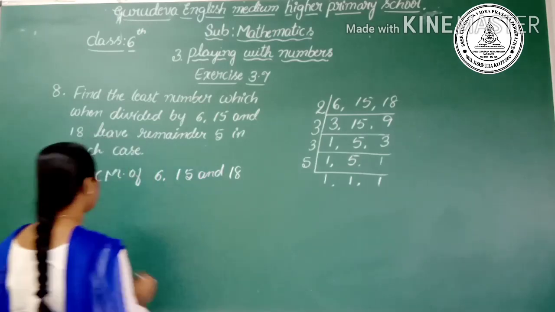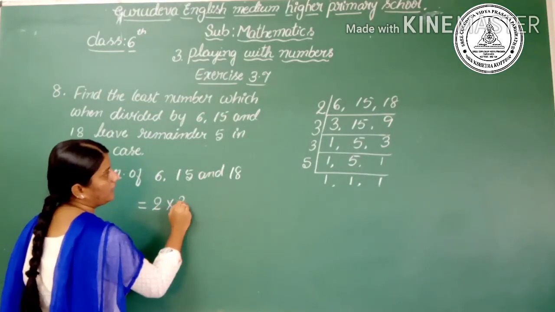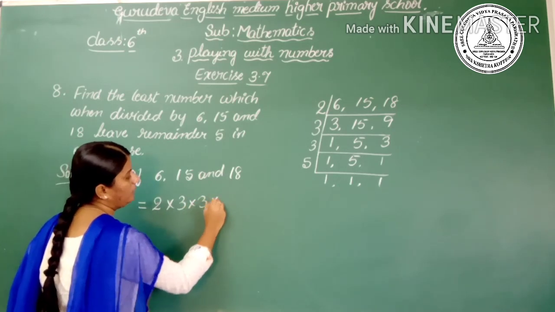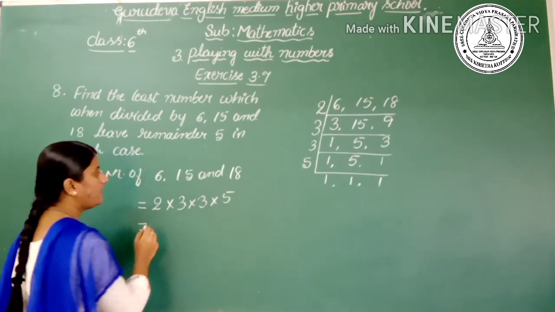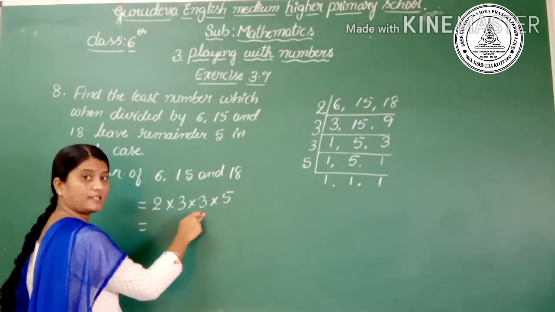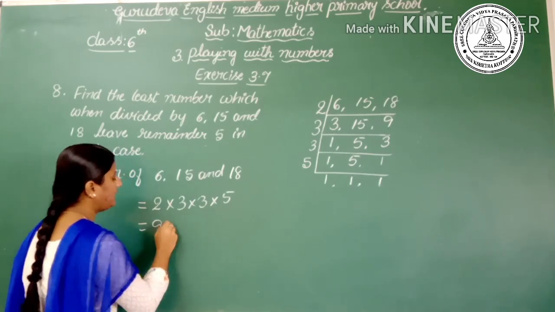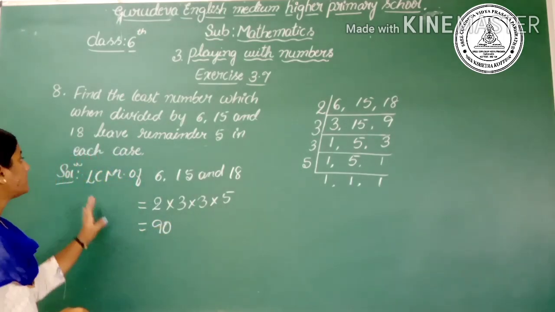Therefore LCM is equal to 2 into 3 into 3 into 5. What is the LCM of the given three numbers? 2 3s are 6, 6 3s are 18, 18 5s are 90. So 90 is the LCM of the given numbers.